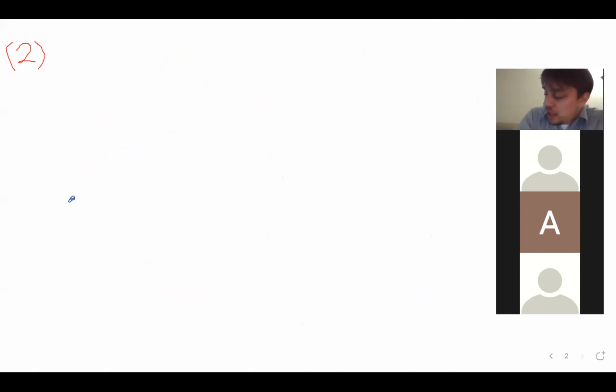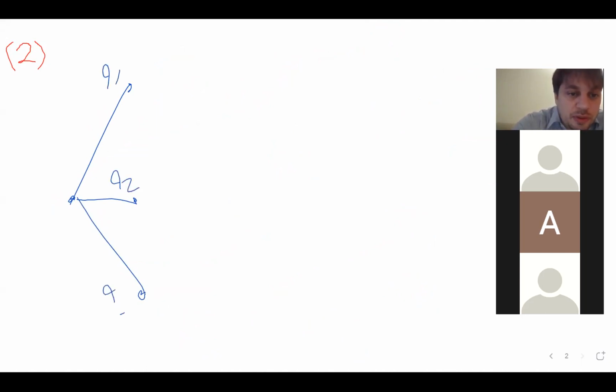Okay, so we start here. And so we have 3 choices for an element from set A. We could either choose A1, A2, or A3, right?